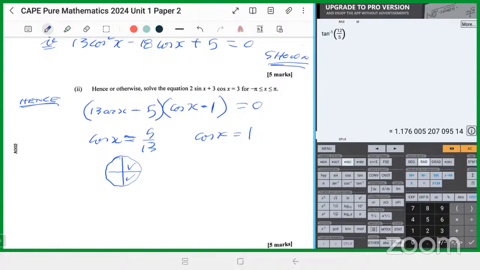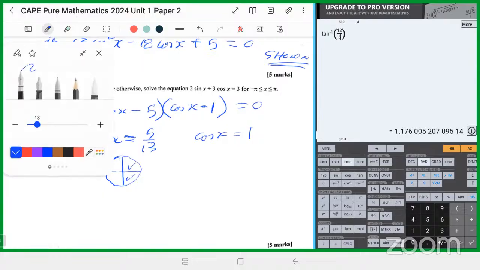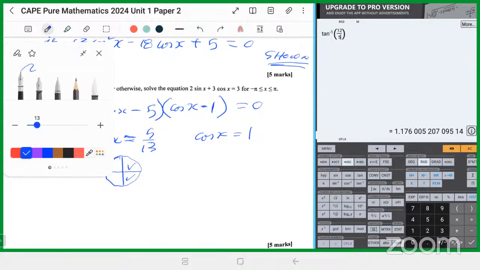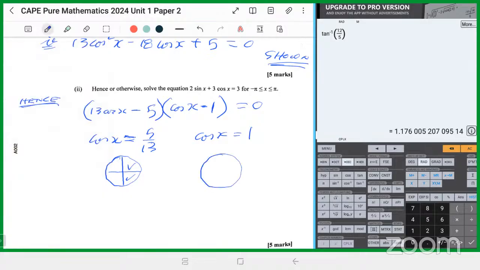All right, so basically positive pi would be this way and negative pi would be that way. But we only want answers between positive and negative pi. And for this one, we have to be careful. For the quadrant diagram for this one, the angle is 0, cos of 0 is 1. When the angle is 0, you have to be careful.